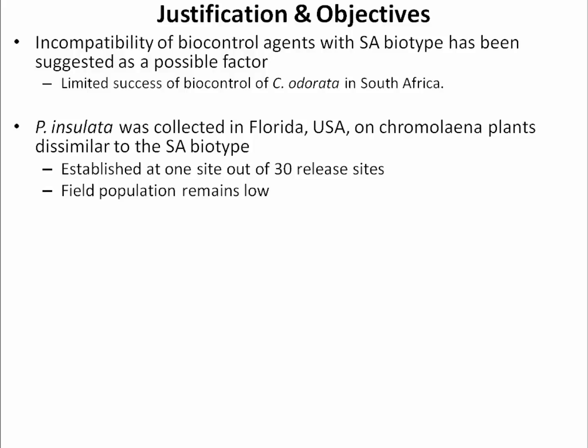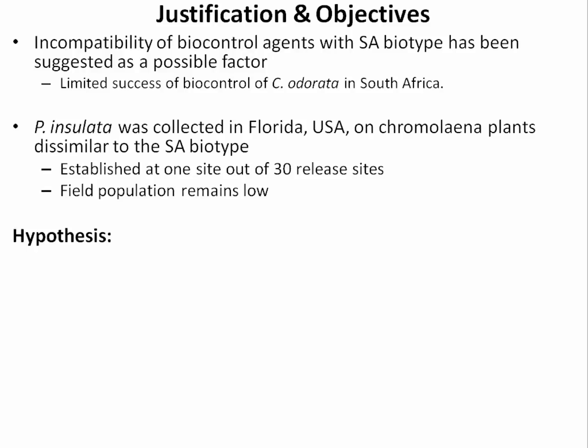Although the insect did establish at one site out of 30 release sites, this followed over 1.9 million individuals of P. insulata being released. So we only experienced establishment at just one site. To date, field populations of this insect remain low.